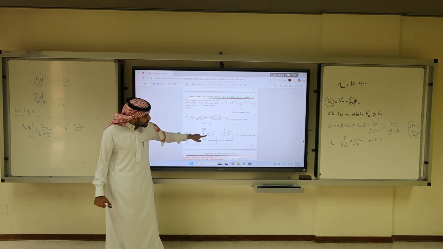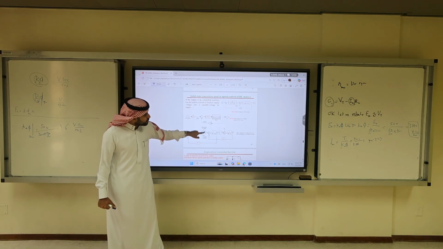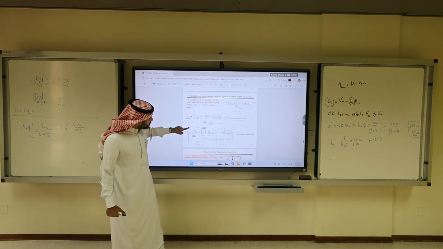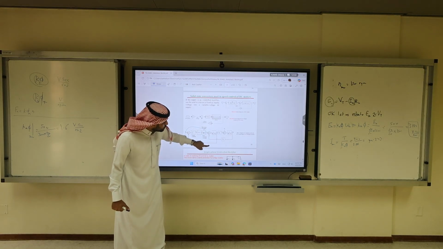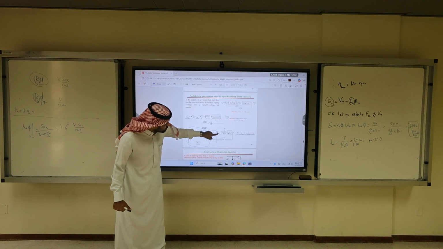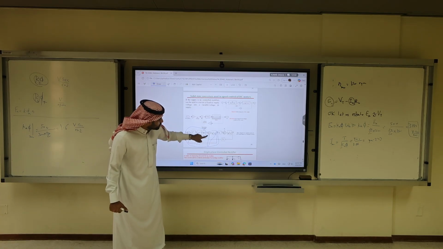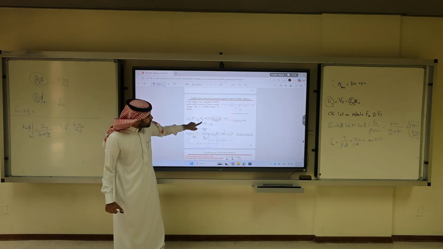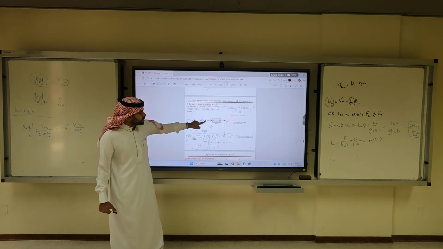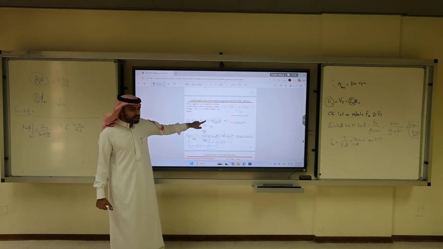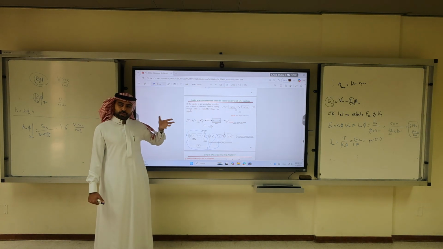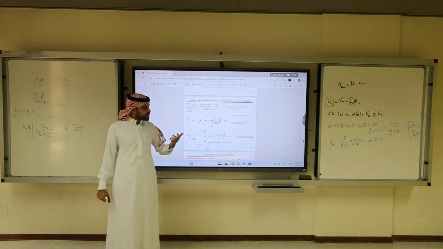So you can look at the whole setup. This thing in blue is actually the PID controller. You see it? P is proportional, I is integral, D is derivative.